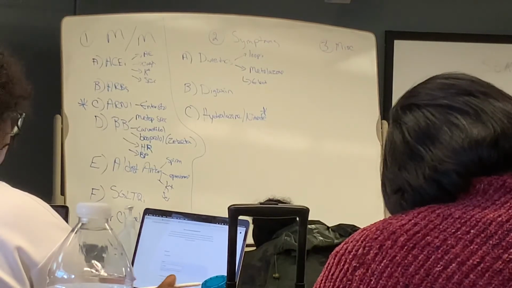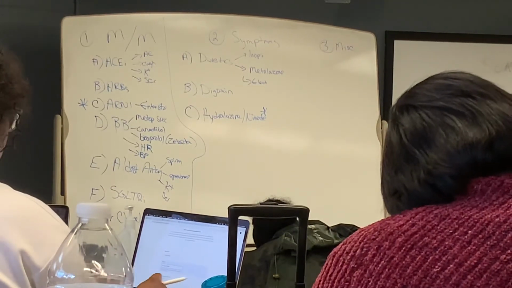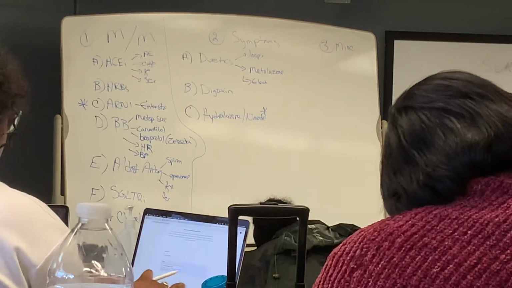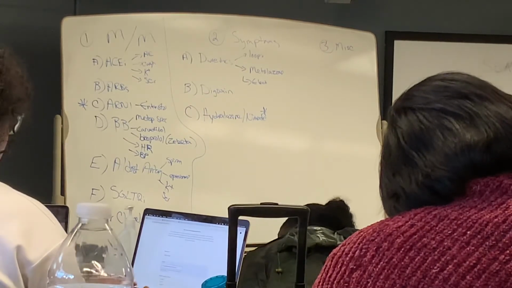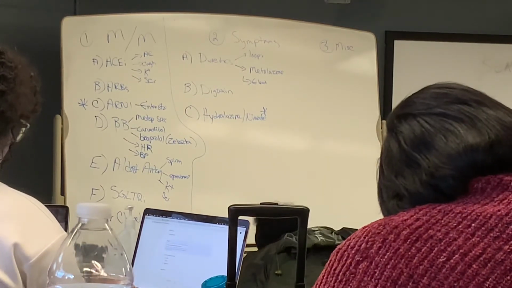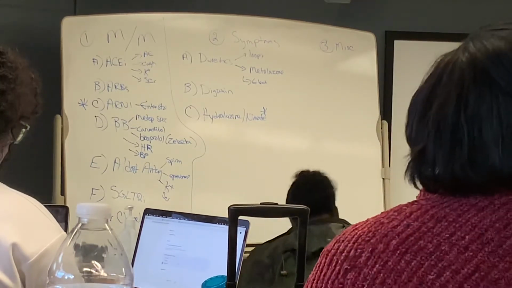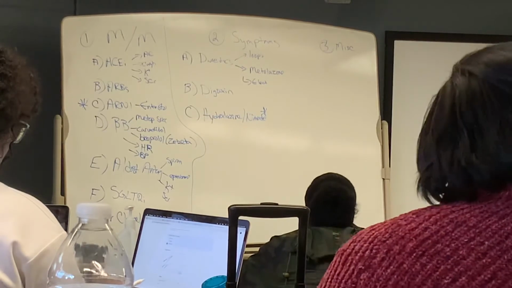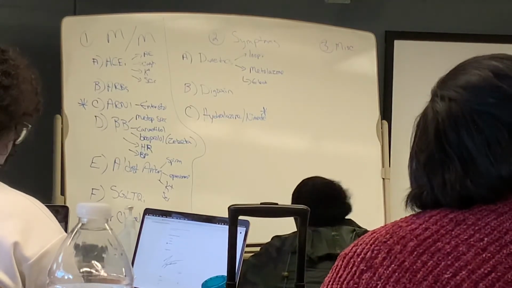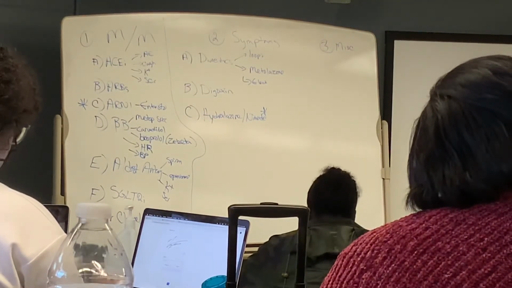In our African American patients, we see mortality benefits. So that's why I put the star by it. Because it could fall into our first category if we're talking about African Americans. If we're talking about the general population, symptomatic relief.